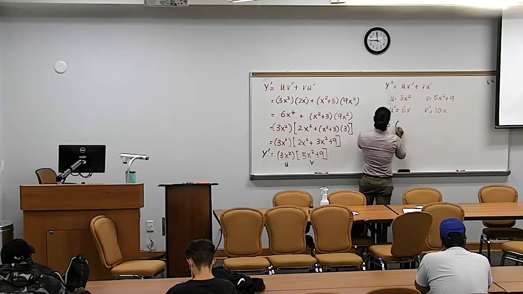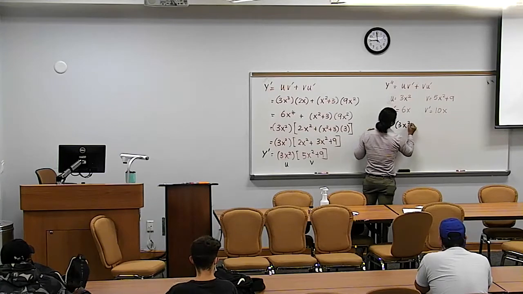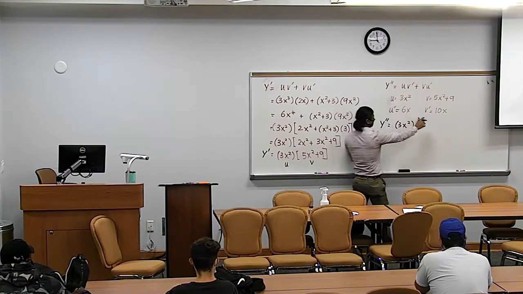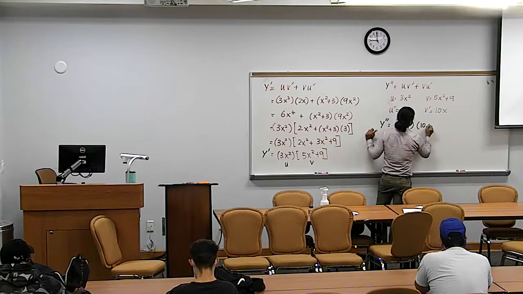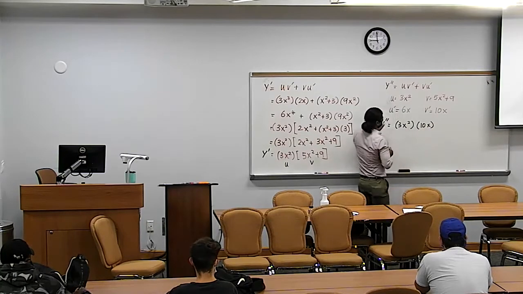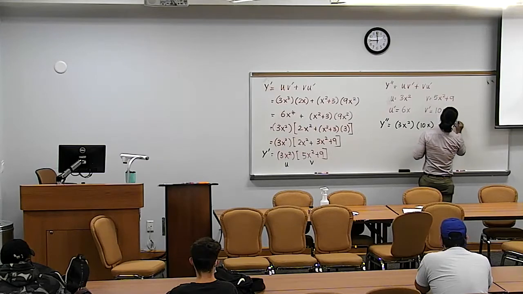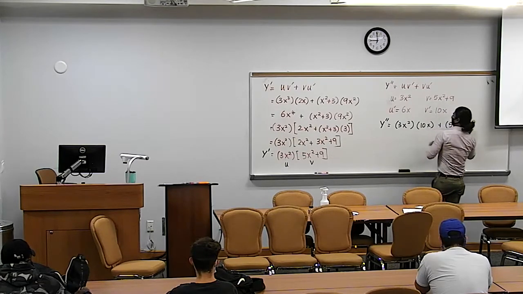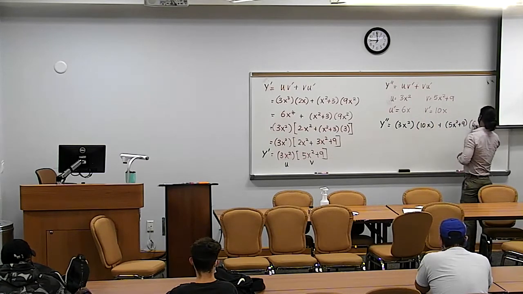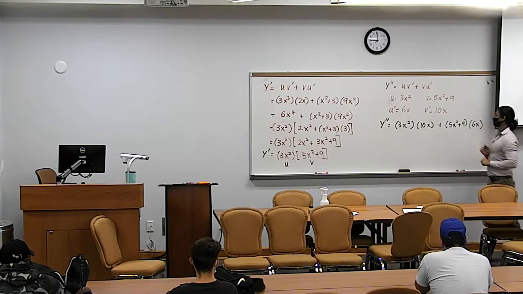U is 3x squared. V prime is 10x. V is 5x squared plus 9. U prime is 6x. Good.